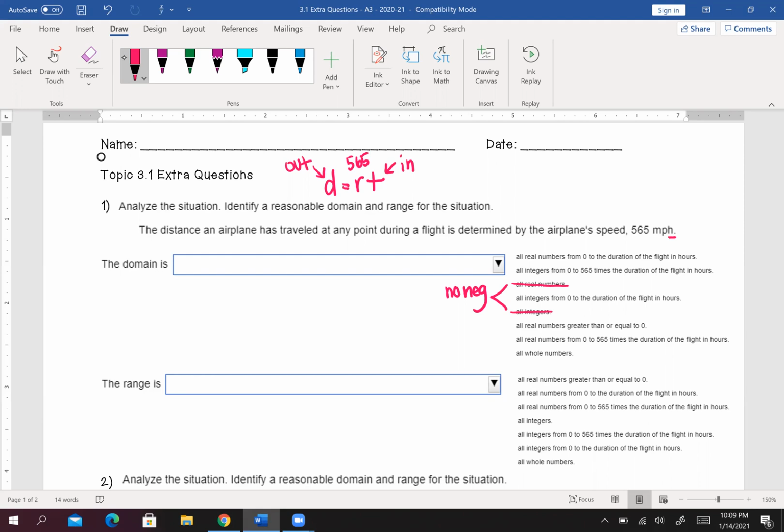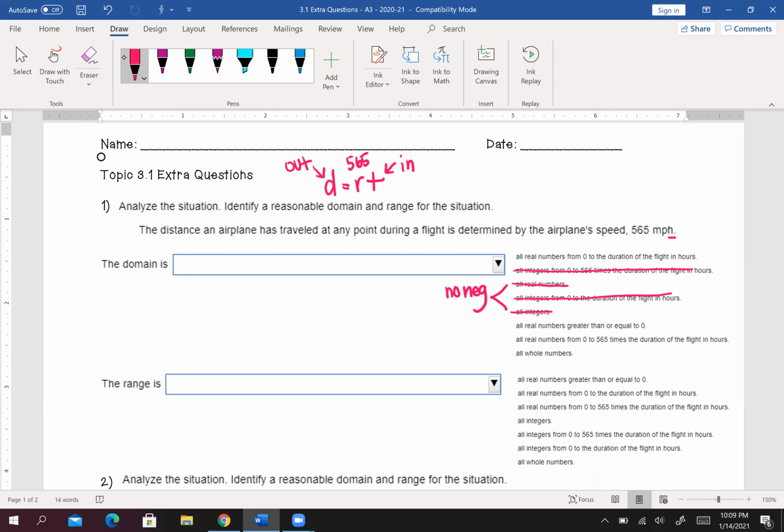Okay, so I'm looking at the first one, says all real numbers. That could be it because real numbers includes everything. The next one says integers. So let's cross that off because when we say integers, that means no fractions. We already crossed the next one off, but all integers, so we're going to get rid of that. Next one, all real numbers greater than or equal to 0. Okay, that's okay so far.